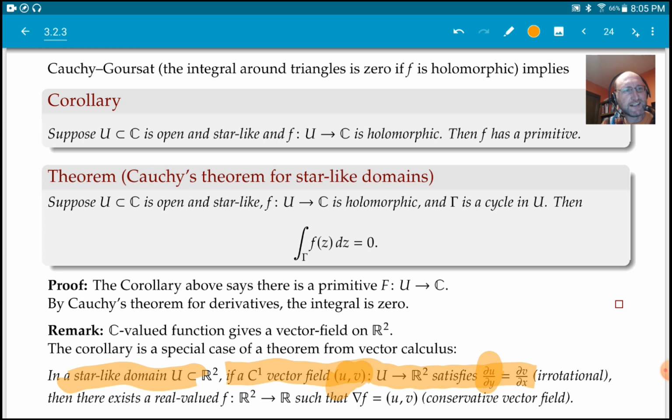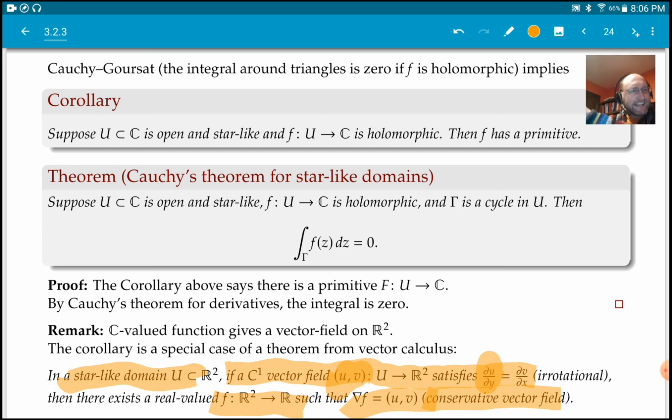which is basically the necessary condition for the vector field to be a gradient of something. So there's a theorem, and the proof is basically what we just did, showing that there is actually a real valued function whose gradient is this vector field, meaning it's a conservative or gradient vector field, right?